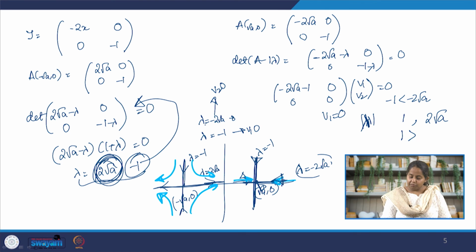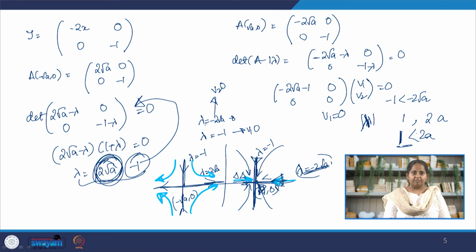So if 1 is more than 2 root a, then the 2 root a one is the slower eigenvector, which means that the trajectories will be tangential to the eigenvector corresponding to minus 2 root a. So it will look like this. However, if we have a situation where 1 is less than 2 root a, then 1 is the slower eigenvector. In that case, trajectories would be tangential to the slower eigenvector, which is parallel to the y-axis.